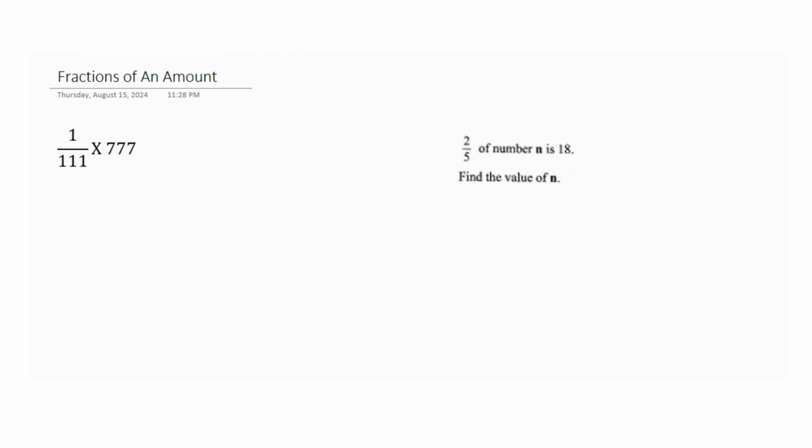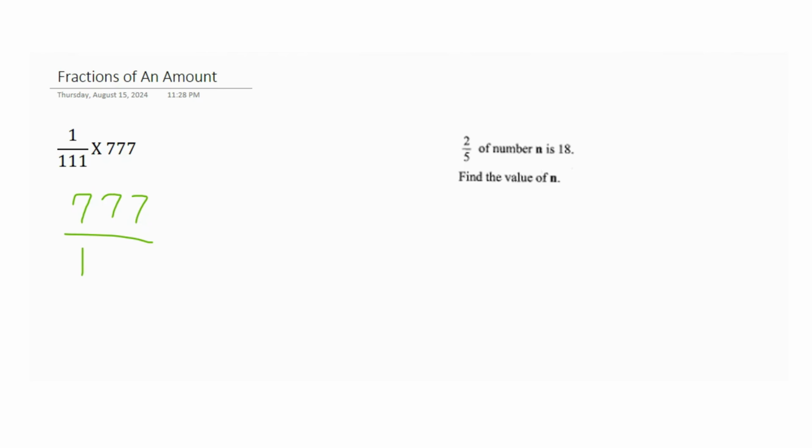In today's video, we are going to talk about fractions of an amount. So let's continue. Here you can see we have two questions. The first one is 1 out of 111 and we are multiplying it with 777. If you see that one of the numbers is a fraction and "of" means multiplication, and it is multiplied with a number which is 777, which you can also write down as 777 out of 111.